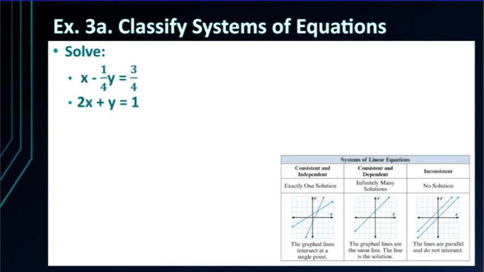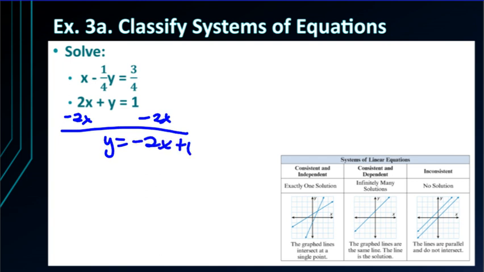So here, first off, let's put them both into y equals, because that way you can determine if it's consistent or inconsistent. So this first one, let's subtract 2x on both sides. And I have y equaling a negative 2x plus 1. And then the other one, to get y by itself, I need to subtract x on both sides.